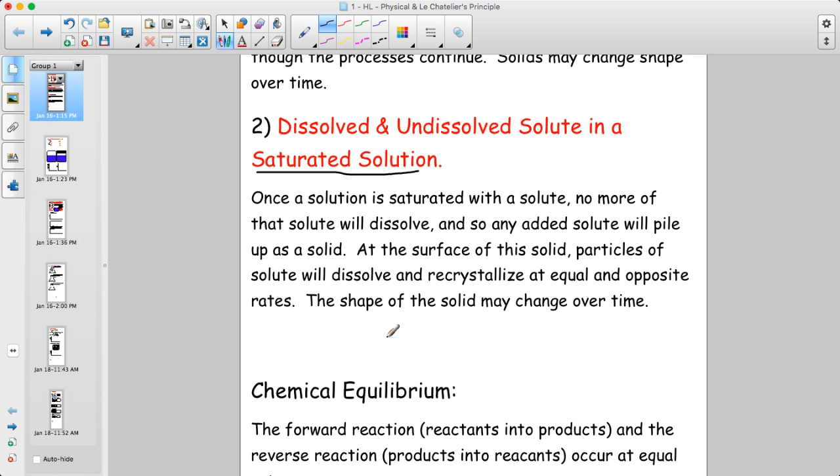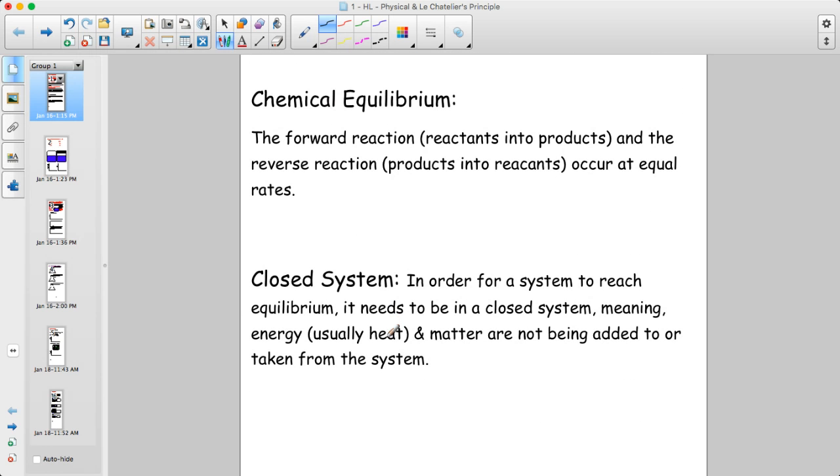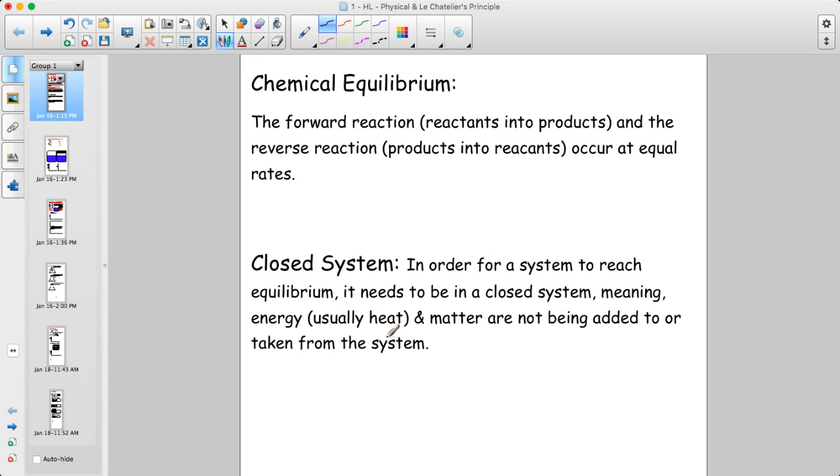Over time, the shape of the solid might change, but there's actually no change in the mass of solid that is dissolved. Now, for the first time, you may be hearing that chemical reactions can actually go forward and backwards. Many reactions that we've seen thus far do not do this, so this hasn't really been relevant yet. For a lot of reactions, they do go to completion. They react, eventually you use up some reactants, and they never return to the original reactants.